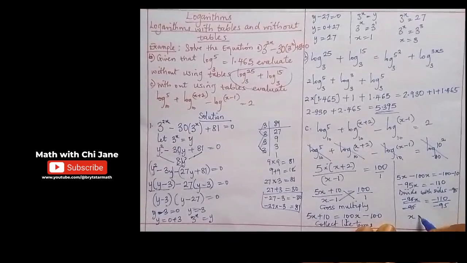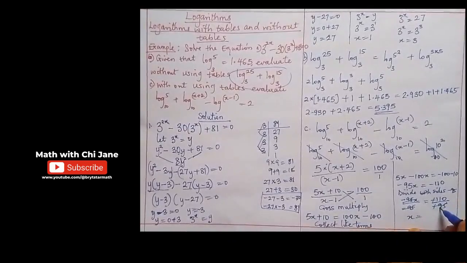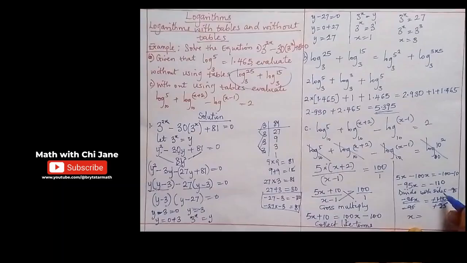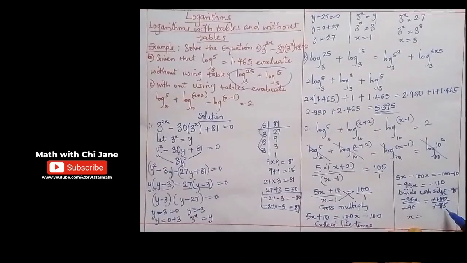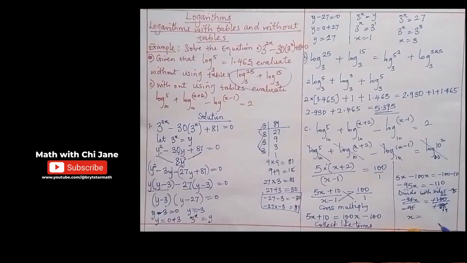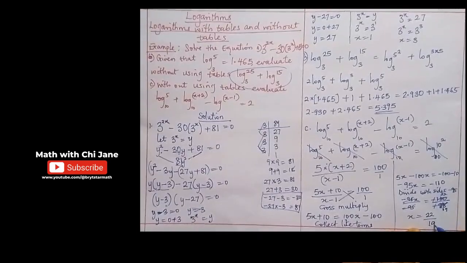So x is equal to, minus cancels minus, 5 can divide this. 5 in 11 is 2, remaining 1. Then 5 in 10 is 2. 5 in 9 is 1, remaining 4. And 5 in 45 is 9. So our answer is x is equal to 22 over 19.